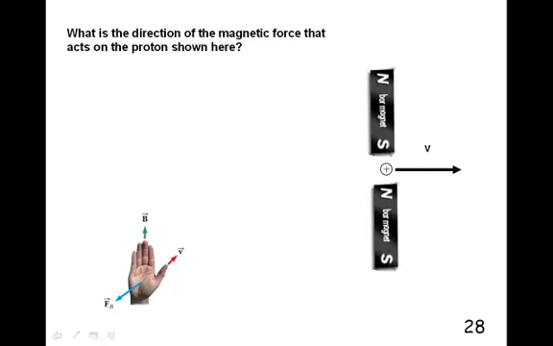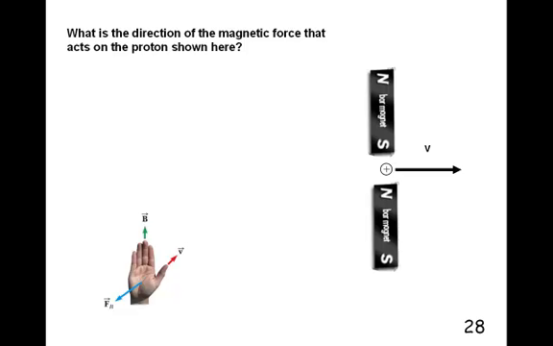Well, first of all, we've got these two magnets. Here's a south pole and here's a north pole. What's the direction of the magnetic field in this region? Well, we know it points away from north poles and towards south poles, so there's your direction of the magnetic field that way.